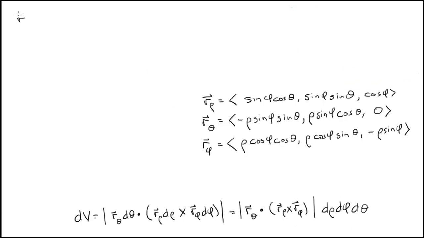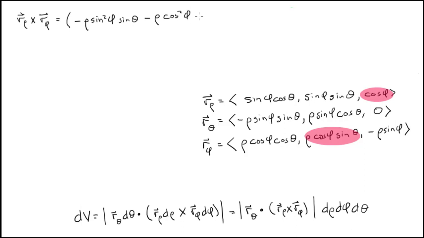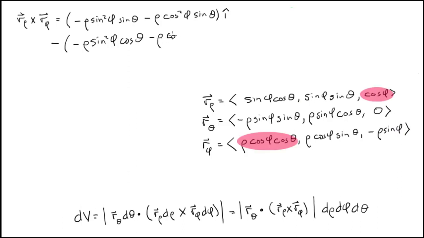Now for the computation. So we'll do our cross product, the i component, subtract the j component, and the k component.